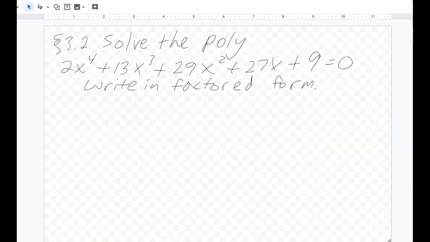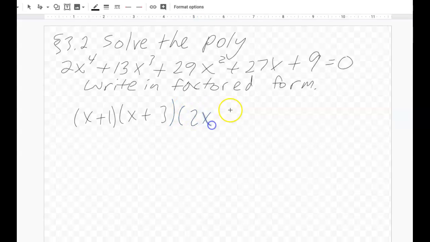So we know that our polynomial is going to consist of x plus 1, x plus 3, and the quadratic 2x squared plus 5x plus 3. And this still equals 0.